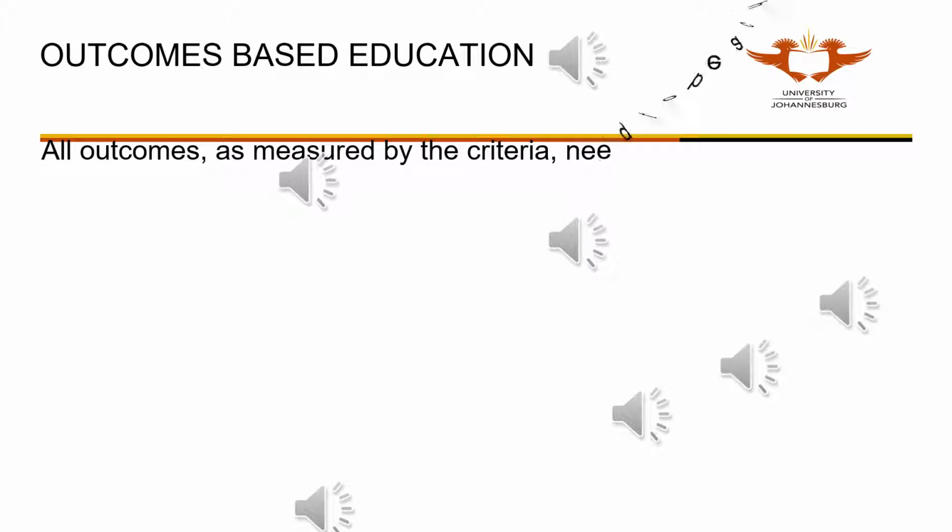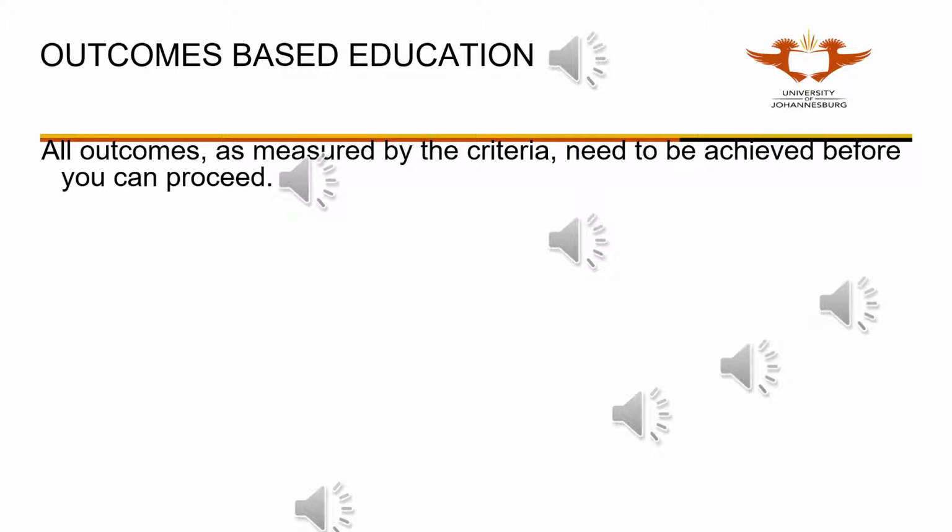Aspects of outcomes-based education will be integrated in this course. It is not that you will just be writing a test and that is the end of it. If you did not understand something in a test, there will be a follow-up to help you with this.